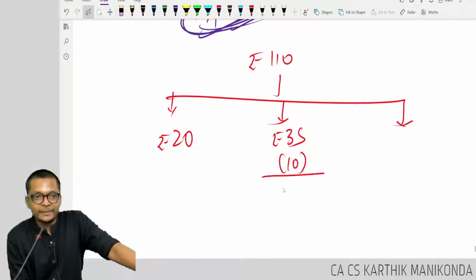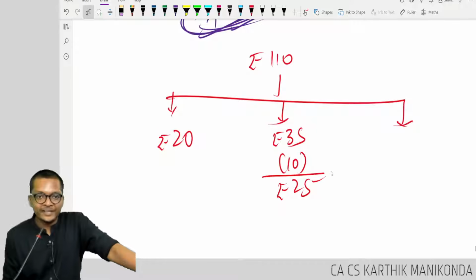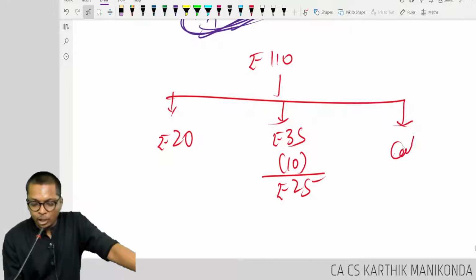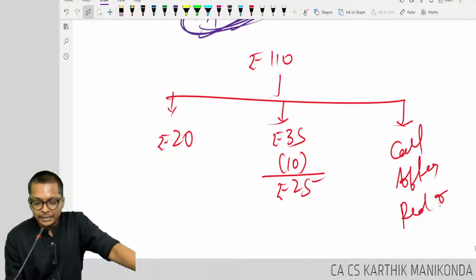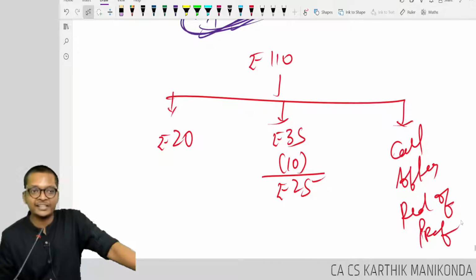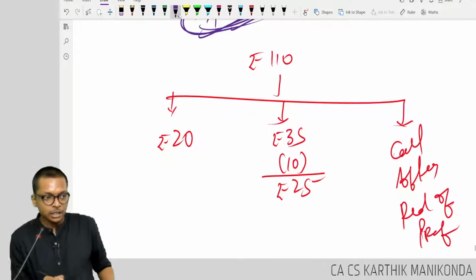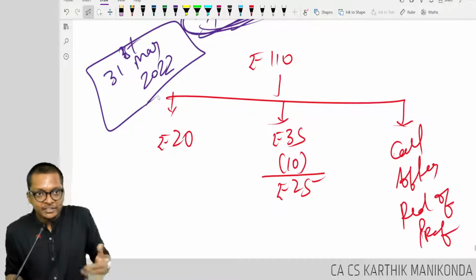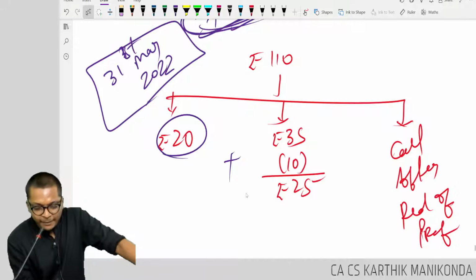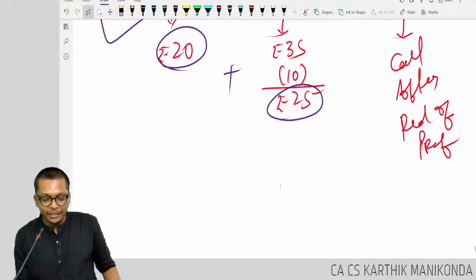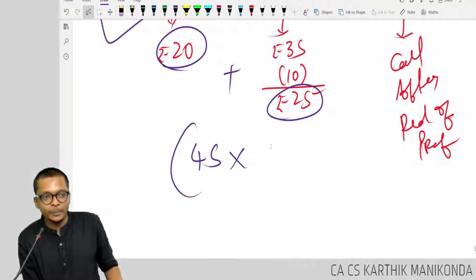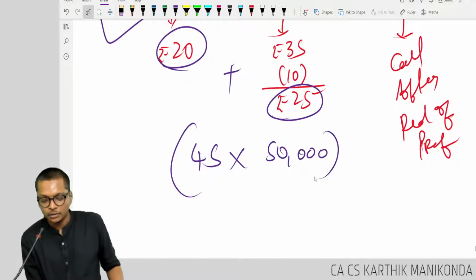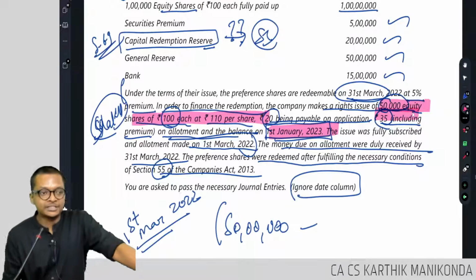I don't care about premium. I only need face value for CRR. This call is happening after redemption of preference shares, correct? That means as of 31st of March 2022, how much of fresh issue is made? Only 20 plus 25. So you made only 45 into how many shares? 50,000, correct?